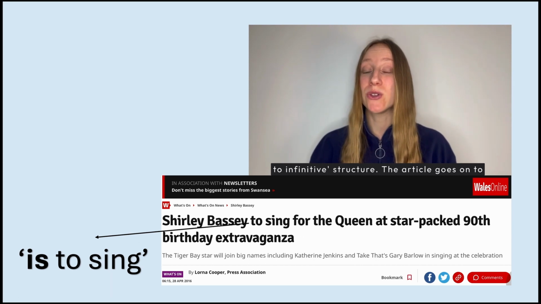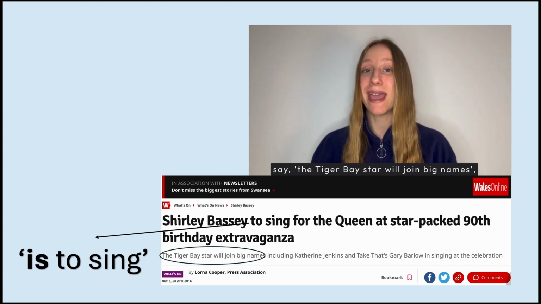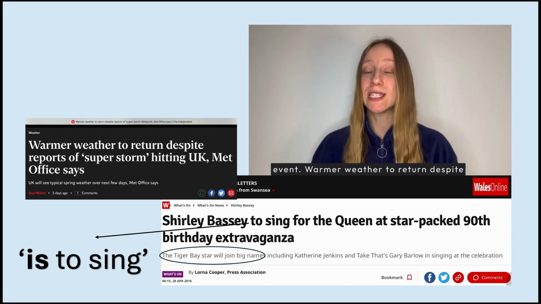The article goes on to say, the Tiger Bay star will join big names, emphasising that they are discussing a future event. Warmer weather to return, despite reports of superstorm hitting UK, Met Office says.